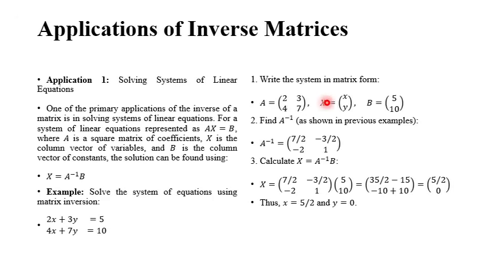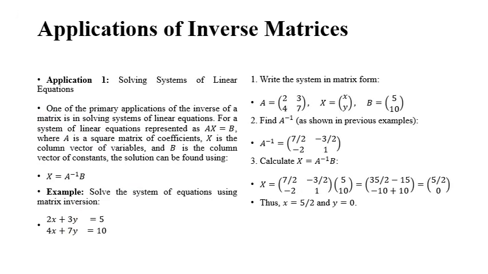Looking at the fact that the unknown vector is x and y, your x will be 5 over 2 and your y will be equal to 0. So that is the solution to the system of linear equations.